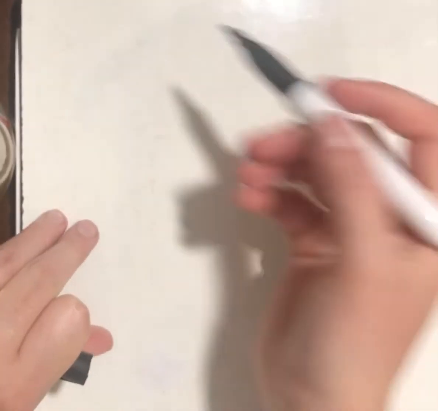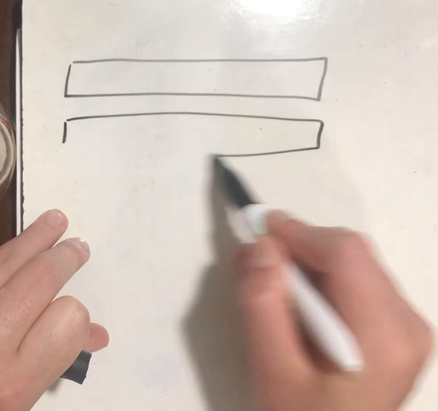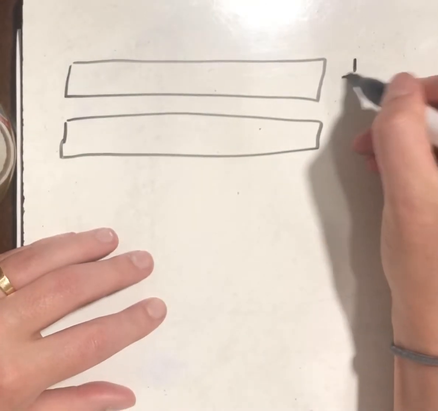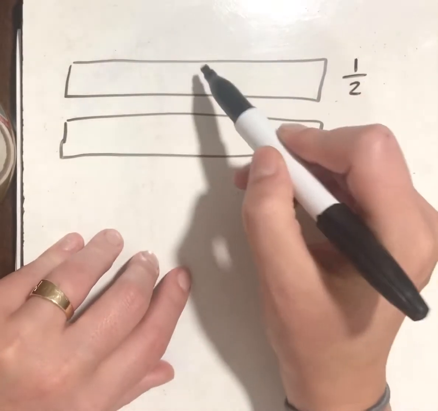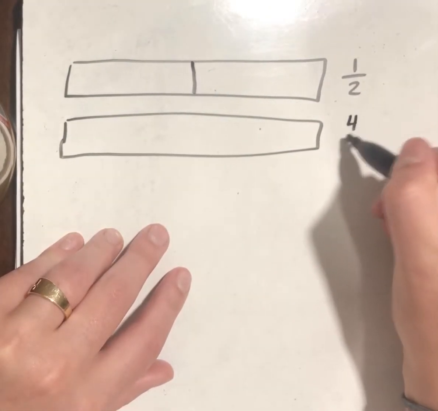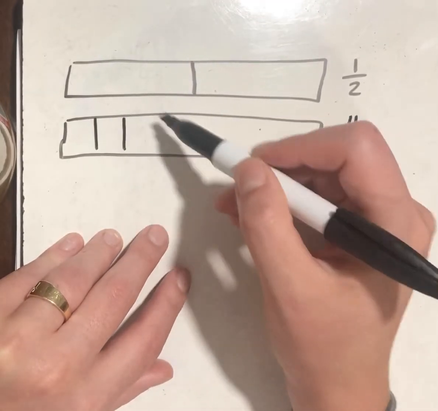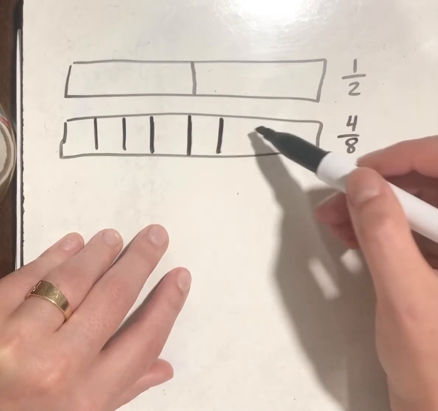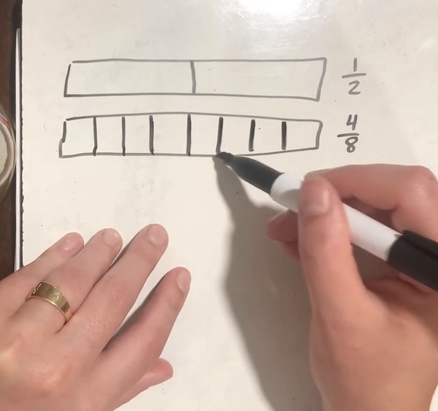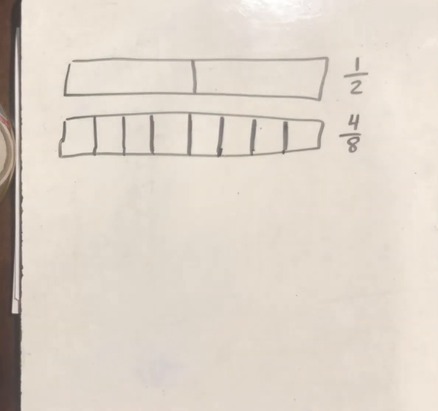So let's pretend we've got two candy bars, okay? And one of them is split into two pieces, and then the other one is split into 8 pieces. Do y'all remember doing this when we tore those pieces of paper, all those strips, and we made equivalent fractions?